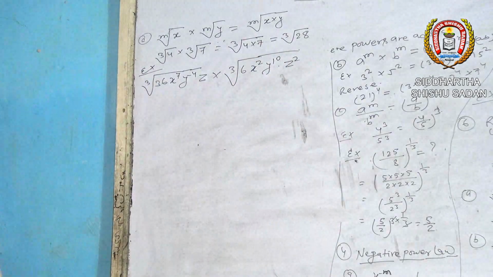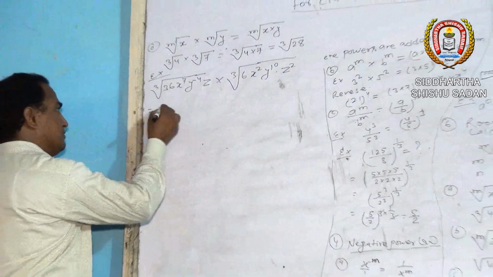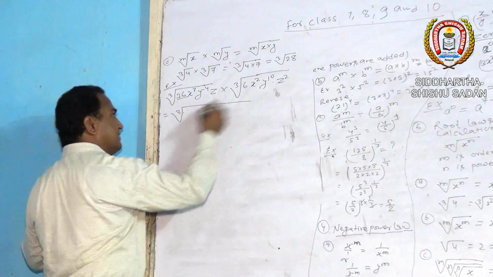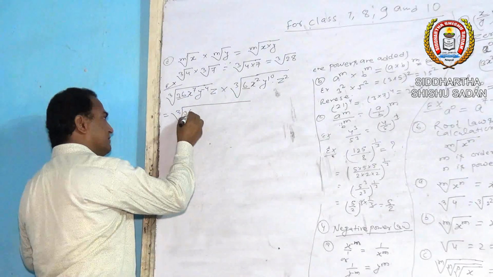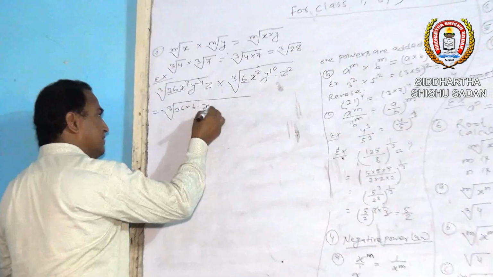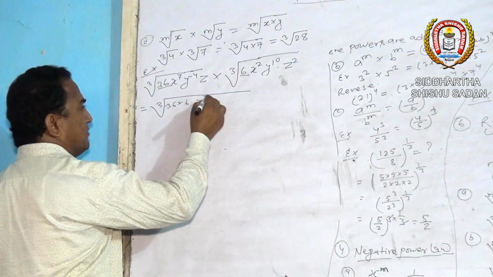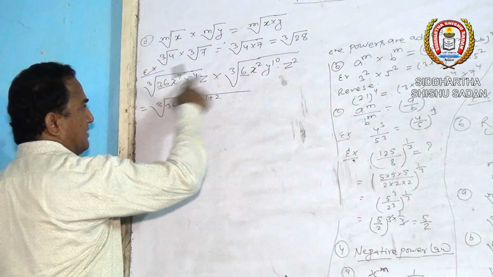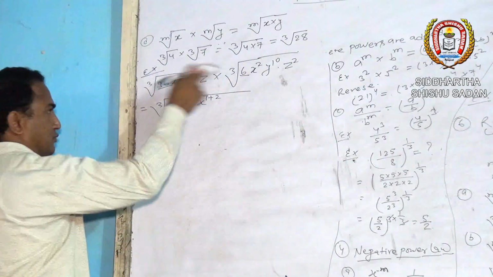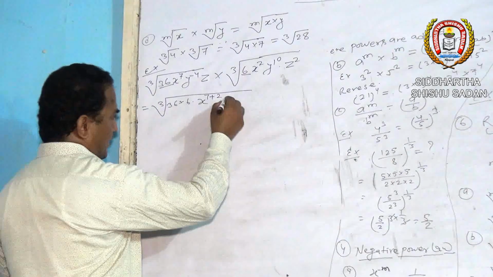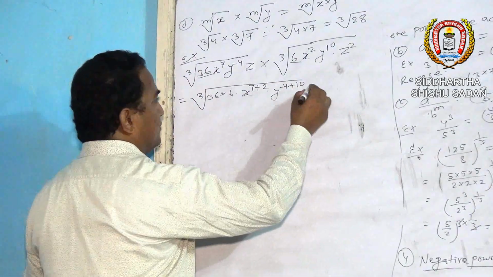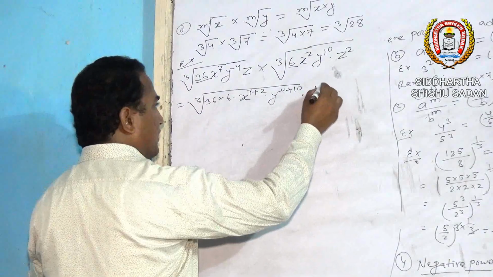What is the calculation over there? Put in the same root, cube root. First of all, 36 into 6, into x to the power 7 plus 2, because they are in multiplication, x and x. That's why powers should be added. And y to the power minus 4 plus 10 into z to the power 1 plus 2.